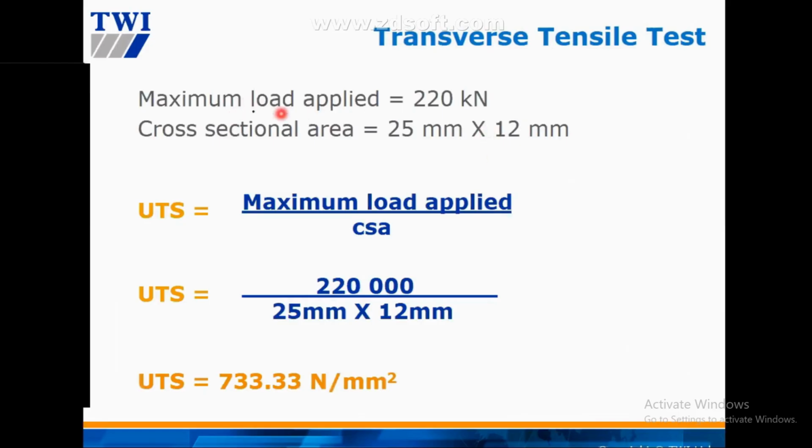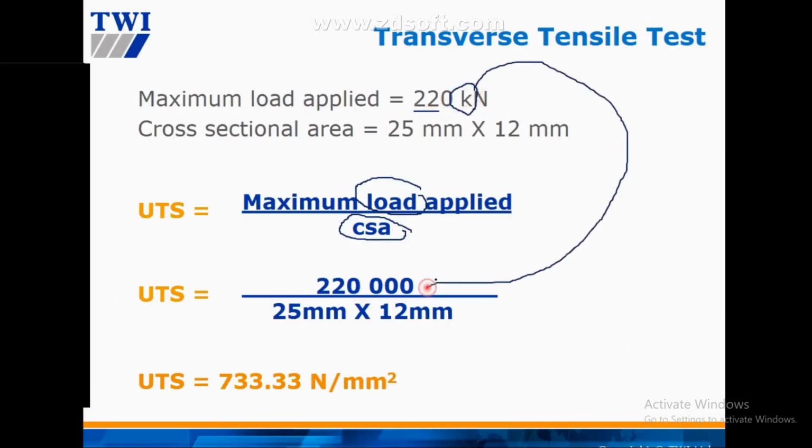All right, so in order to get UTS, there must be a load divided by cross section. Then we have an example load here, 220 kilo. All right, we got kilo here. That's why they change to 1,000 here. 220,000 divided by cross-section area, then you got 73.33. Remember the unit Newton per millimeter square.